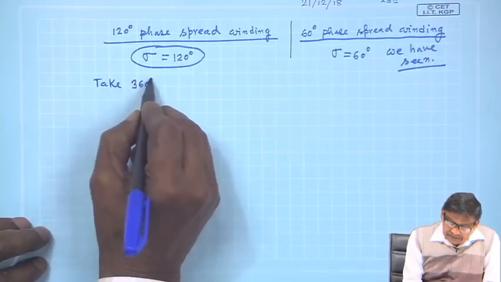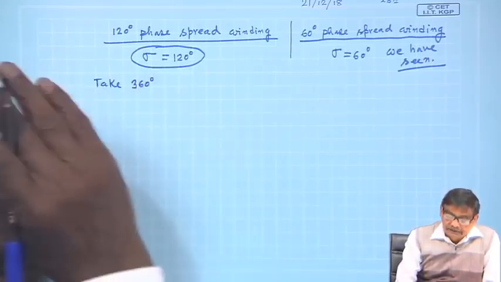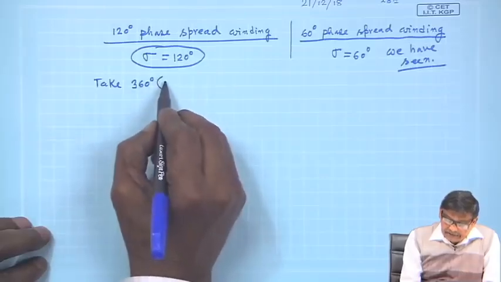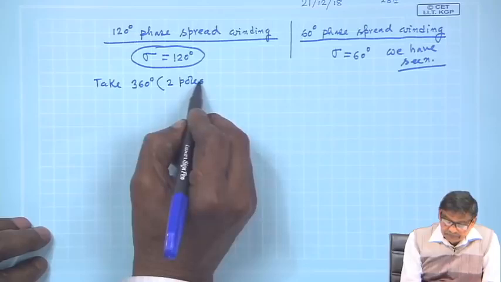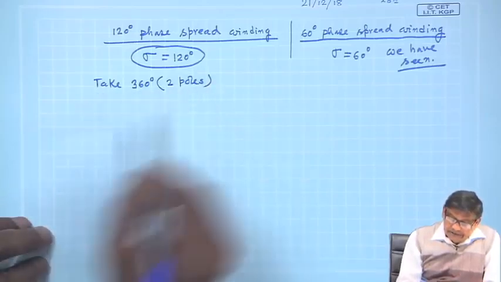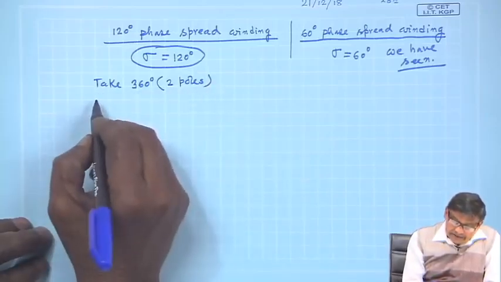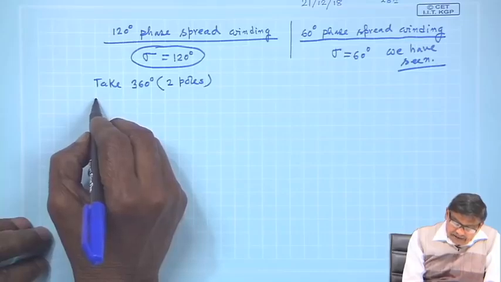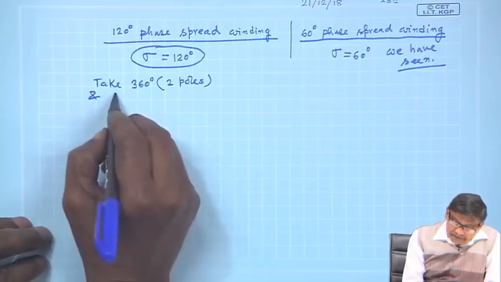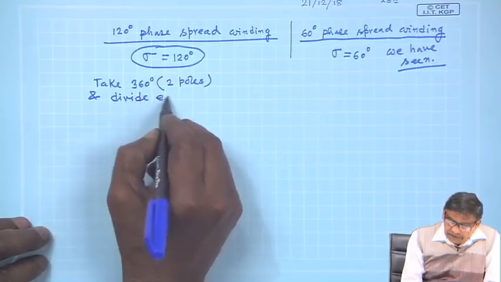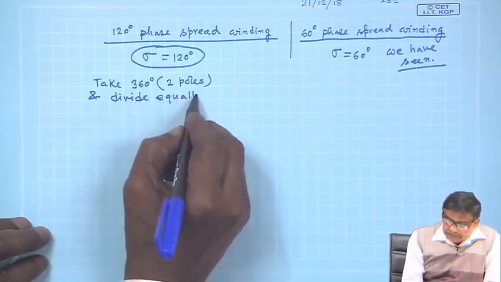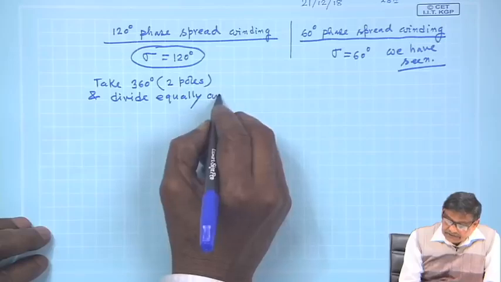take 360 degree space, that is about 2 poles, take 360 degree and divide equally among the phases.